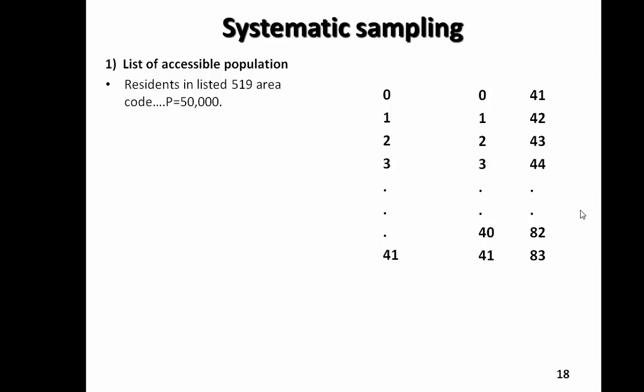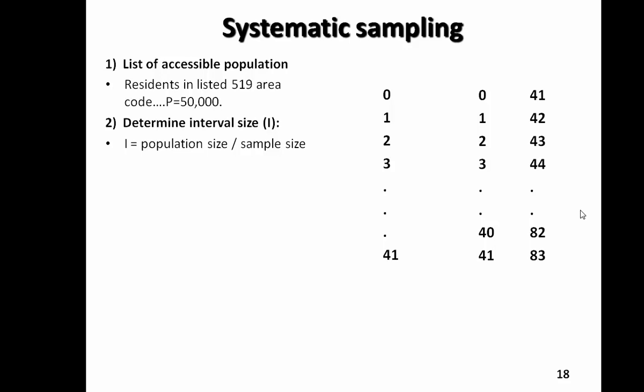If the number of residents that are accessible in this population number 50,000, the next step would be to determine an interval size. In this case, uppercase I represents the interval size, which is the ratio of the population size divided by the sample size.